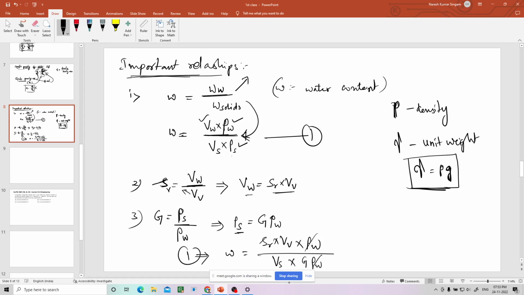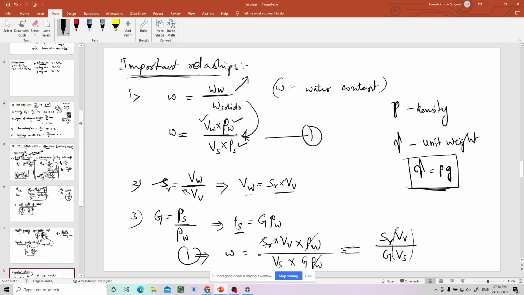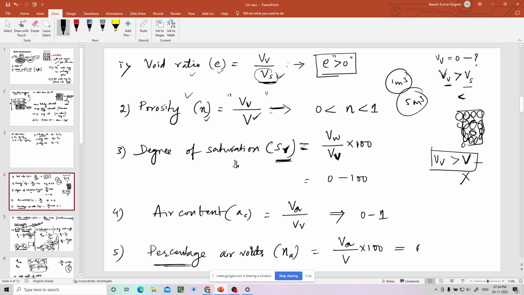What is left is SR VV by Vs into G. What is VV divided by Vs?